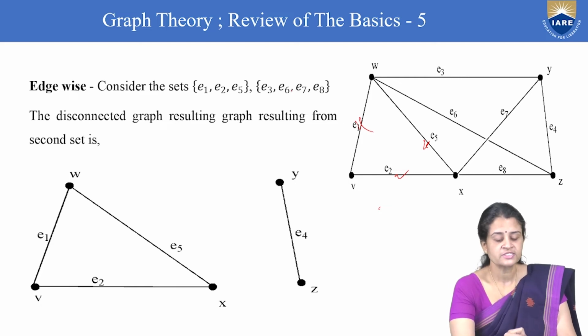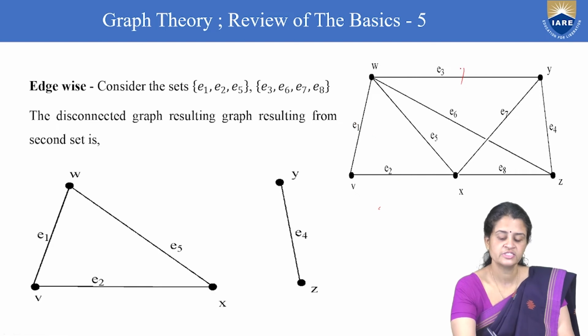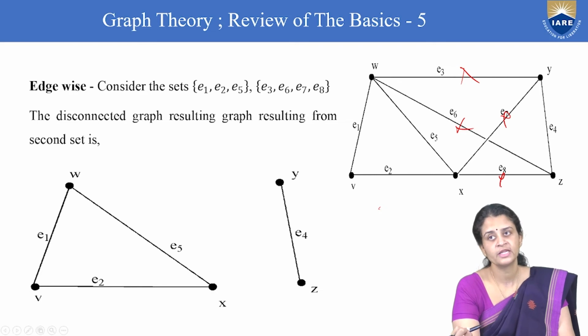If I am considering E3, E6, E7 and E8 removed, what will happen? E3, E6, E7 and E8 are being removed, so this one will be removed, and this edge, E7 and E8. What will we be left with? The vertices W, V, X, Y and Z will be left.